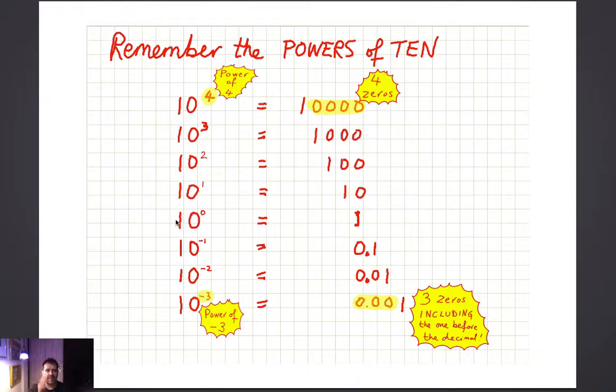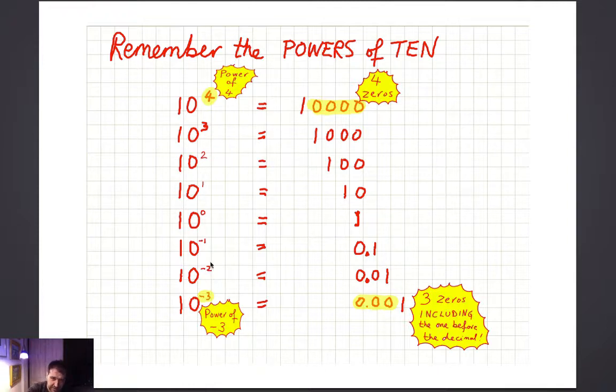But then we carry that pattern on a little bit further. 10 to the power of minus 1 has to be 0.1, because you divide the previous line by 10. 10 to the power of minus 2 is 0.01, because you're dividing the previous line by 10. And 10 to the power of minus 3 is 0.001 from dividing the previous line by 10.